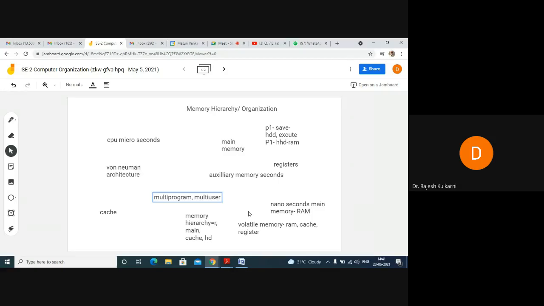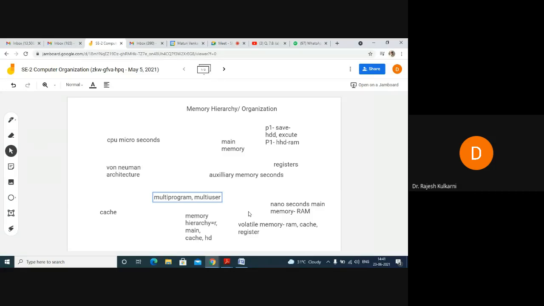So all this work is to be done by somebody. What is this work? There are many memories: RAM memory, register memory, hard disk memory, cache memory. From these memories, the data and the program will be flowing from one place to another place.